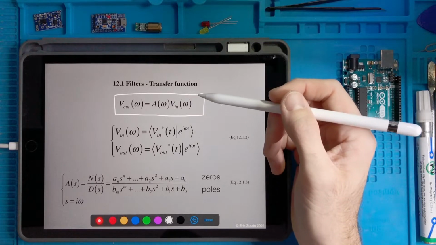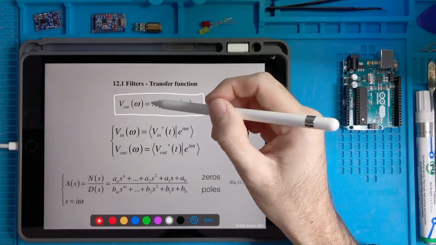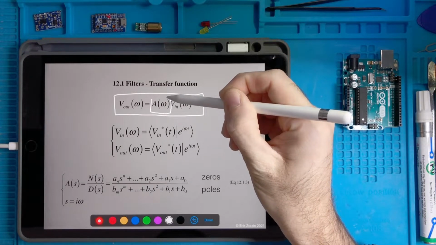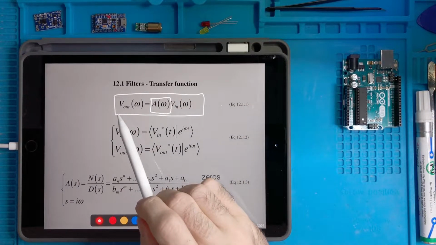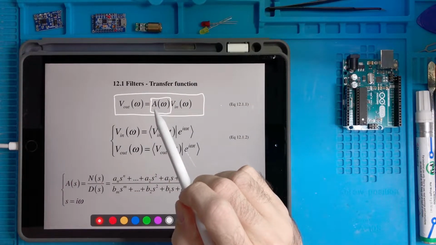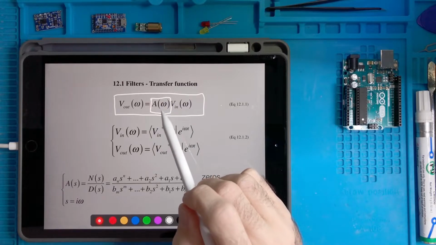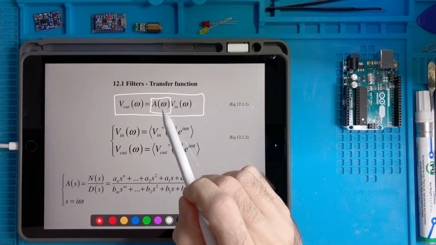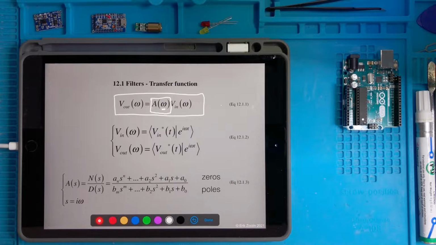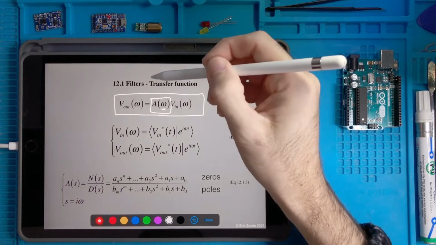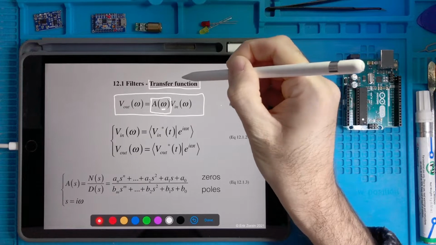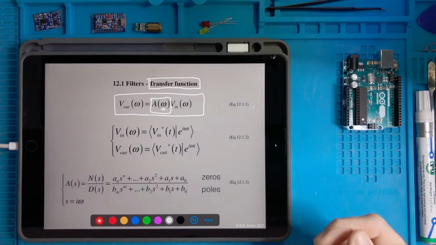And what we are seeking is such a relation where the output would be something multiplied by the input, but this time this something will depend on the frequency omega. So we call this thing the transfer function. A of omega is called the transfer function.